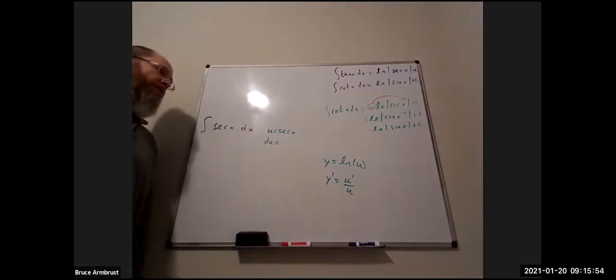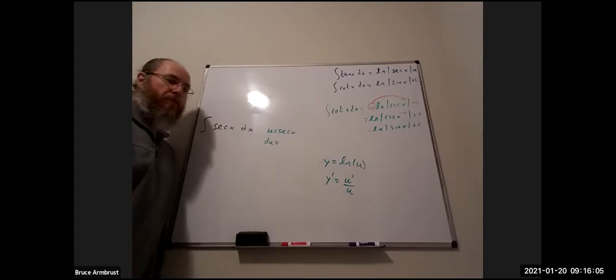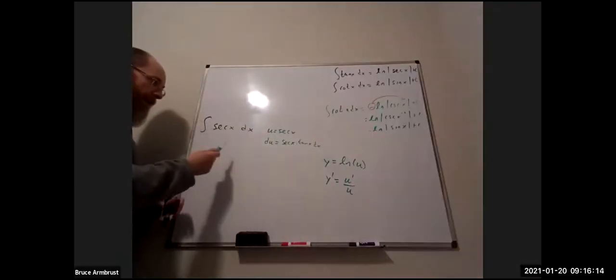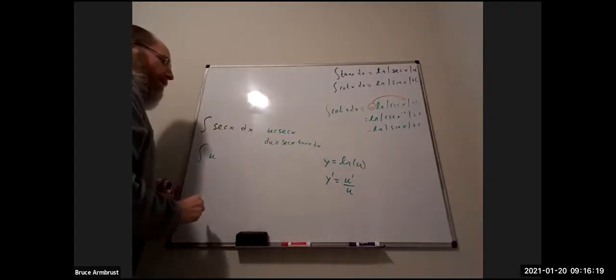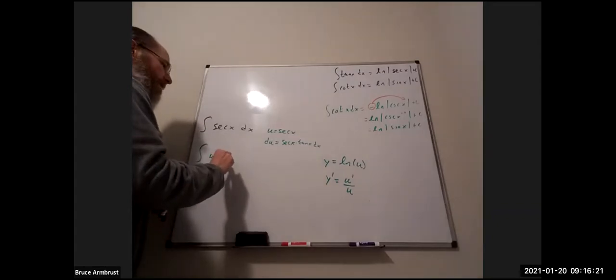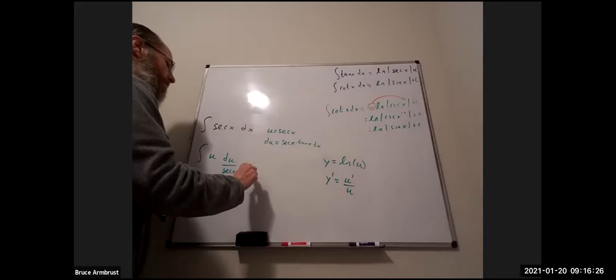All right, so what's the derivative of secant? Anyone remember? Secant tangent. It's secant times tangent, good. So this is secant times tangent. So if we do the same kind of thing to substitute, well, the secant becomes a u, but now that dx is going to be du over secant tangent.